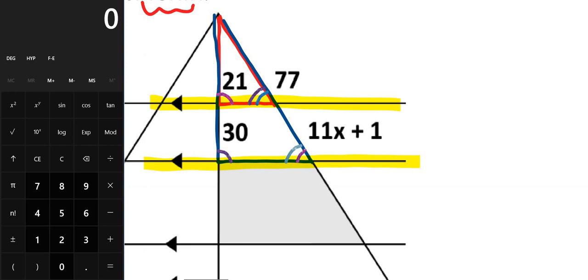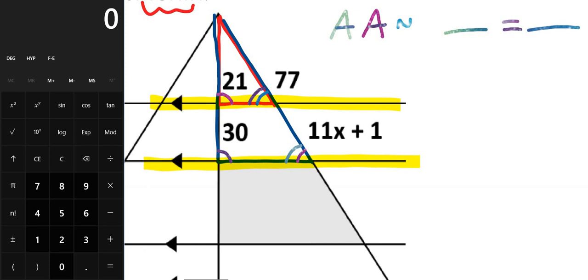So since the two are triangles and we have two pairs of angles congruent, the two triangles are similar because of AA similarity. So the red triangle, the little one at the top, and the slightly bigger blue triangle are similar.